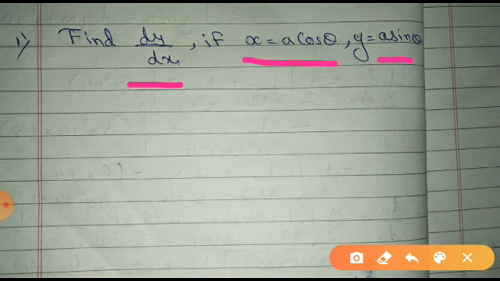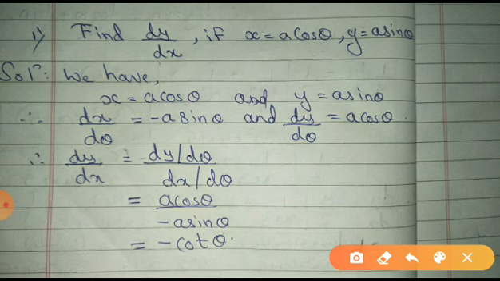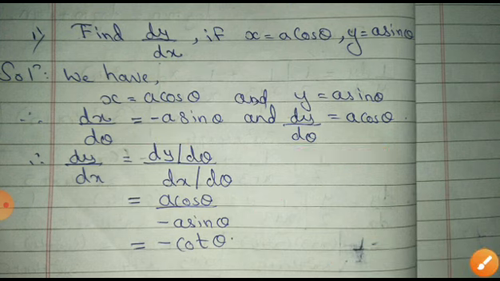So x is equal to a cos theta, y equal to a sin theta. Find dx by d theta and dy by d theta. Then dy by dx is dy by d theta by dx by d theta. Substitute, and you'll get the answer as minus cot theta.